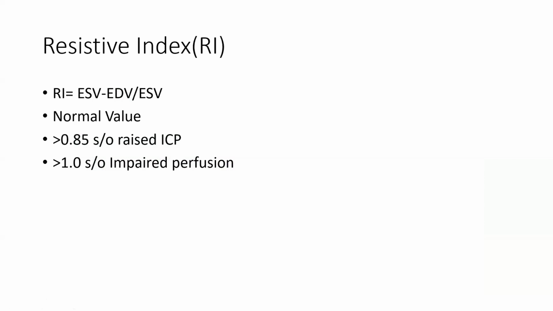Now the last part is the resistive index. We did lots of sessions regarding echo, and in that case you are able to calculate the blood flow. So why can't we calculate the same thing in the brain? The two things we require to assess blood flow are velocity and diameter.